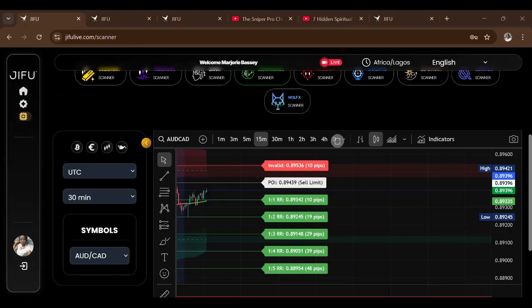All right, so I'm going to take this trade idea and I'm going to take it in my screen, like in my MT4. So let me share my screen.